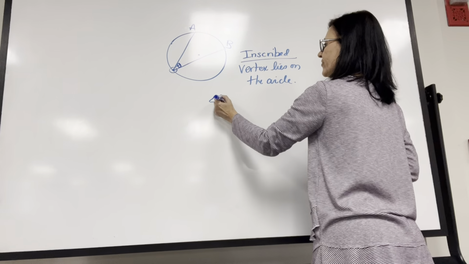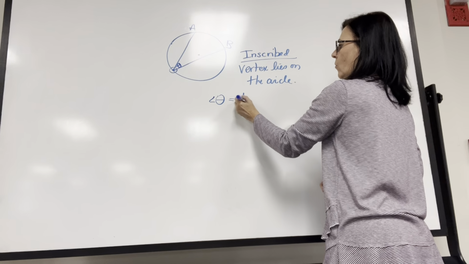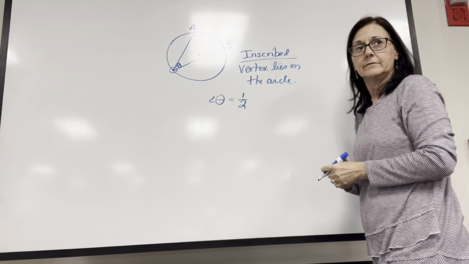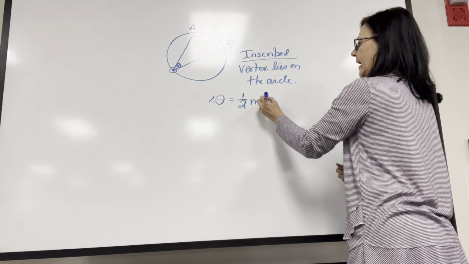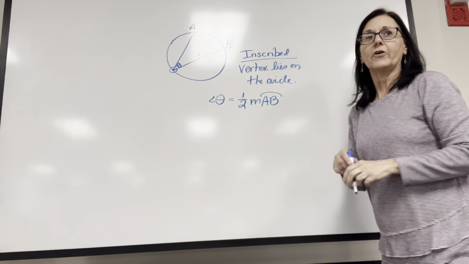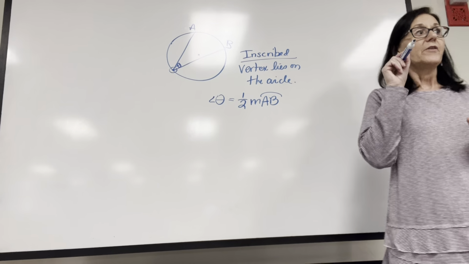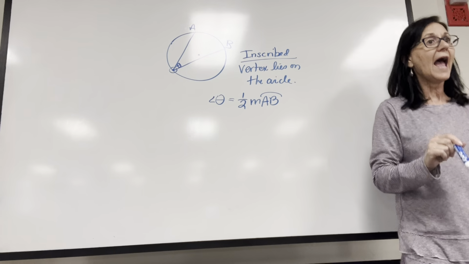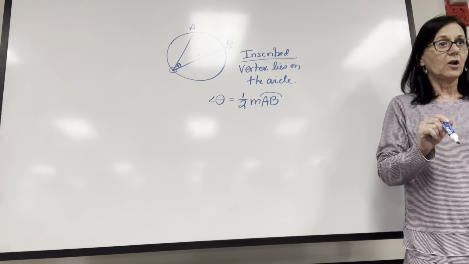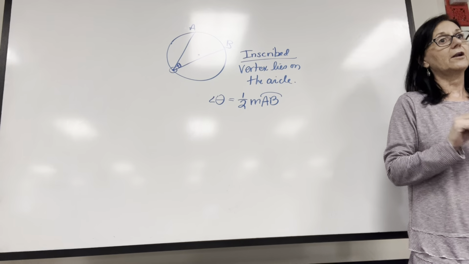The angle theta is going to be 1/2 the measure of arc AB. So for inscribed angles, the measure of the angle is half the intercepted arc. I could also say it the other way.